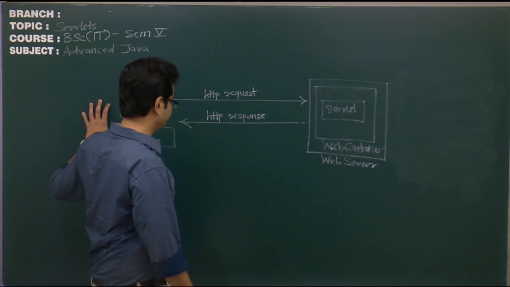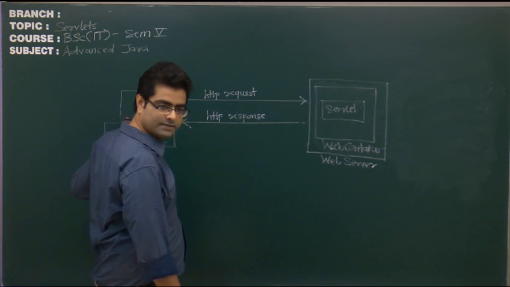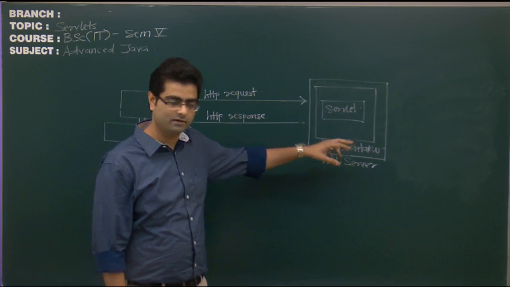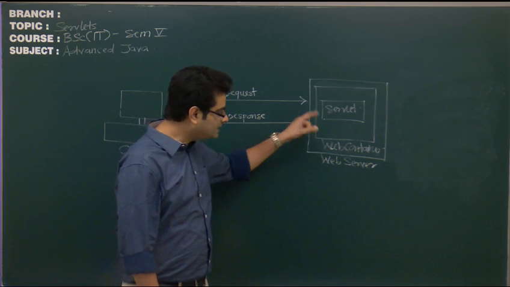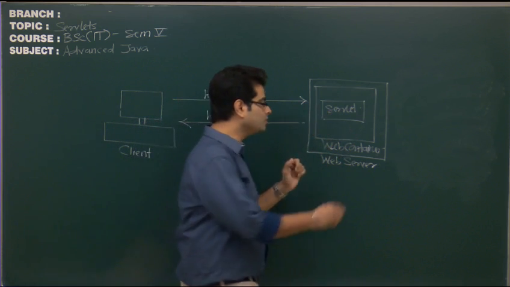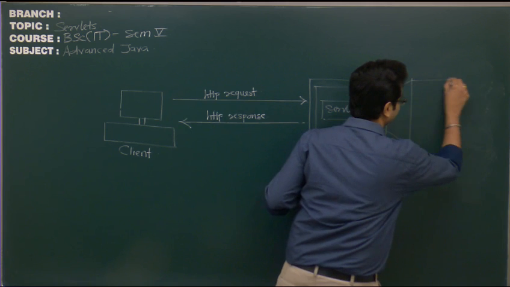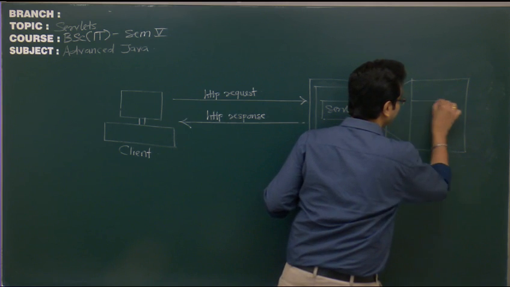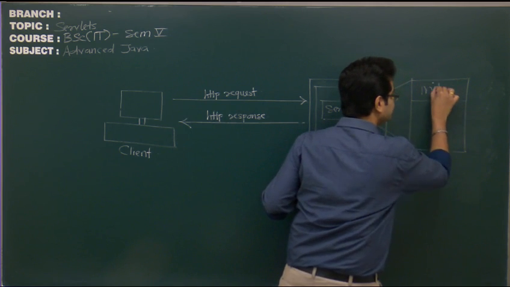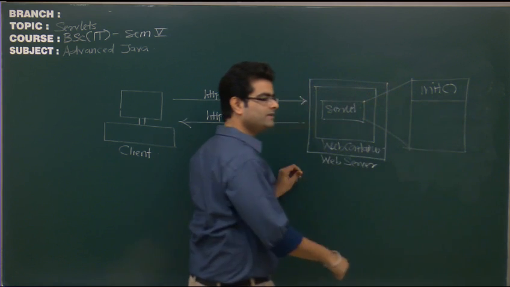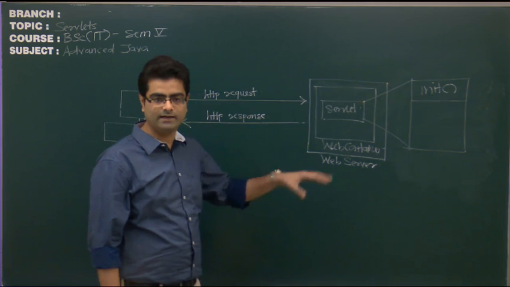When a client first time sends a request to a particular servlet, web server initializes that servlet using a method called as init method. So using init method, web server initializes the servlet. Initializing the servlet is nothing but making the servlet active.